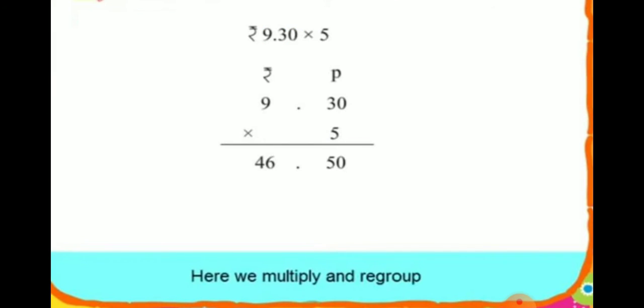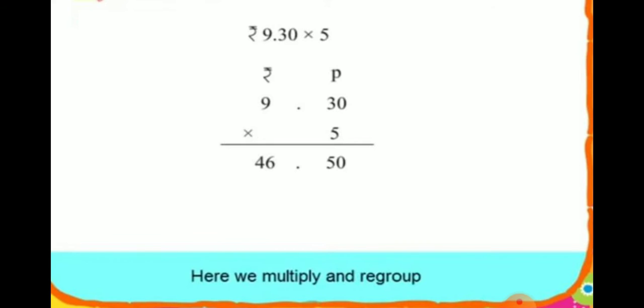Here we are going to multiply rupees 9.30 and 5. We will write rupees 9.30 and then we will write 5. You can see it is simple multiplication. Starting the multiplication from right with the first digit, 5 zeros are 0. 5 threes are 15. 1 carried to the 9, and then 5 nines are 45. 45 plus the carried 1 will give us 46.